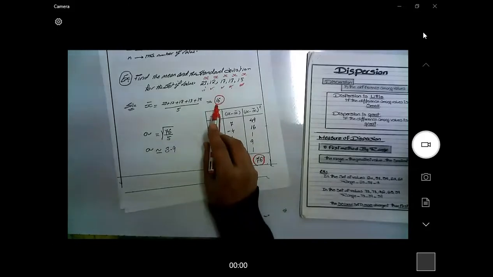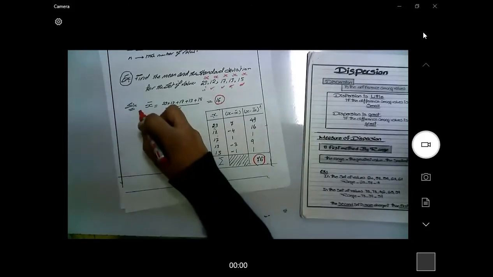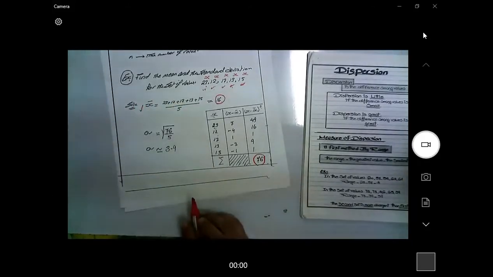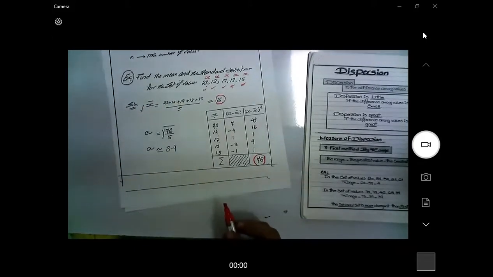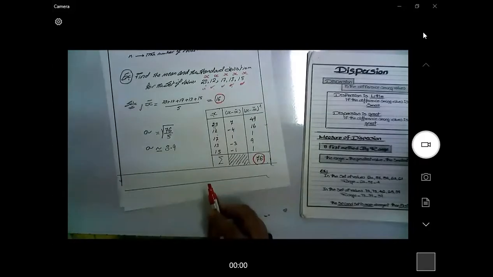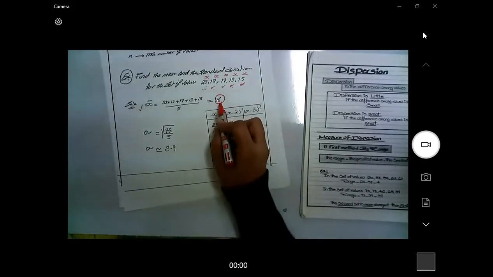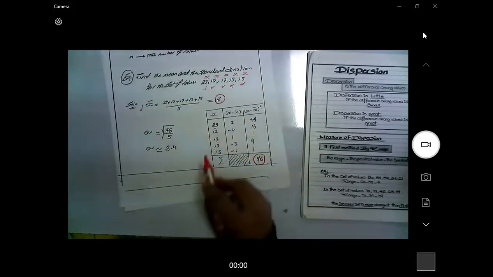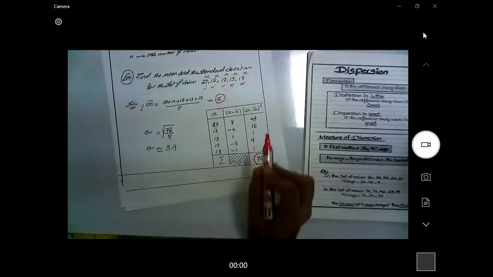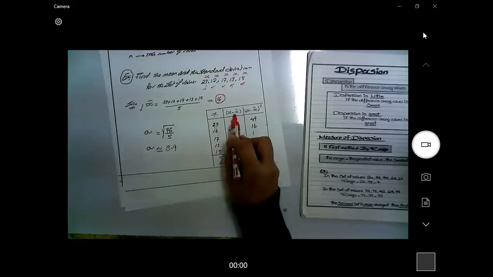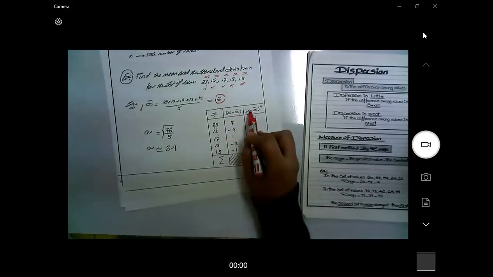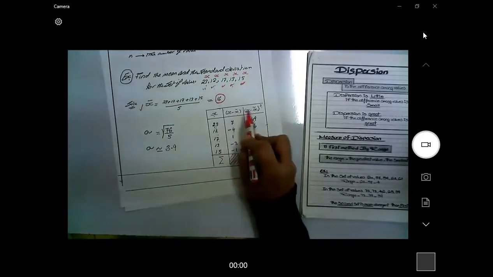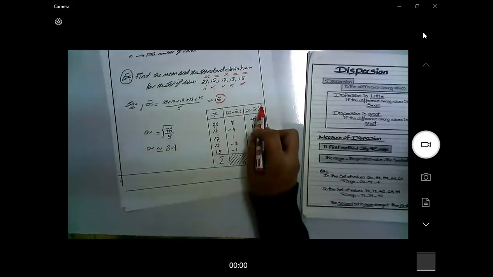Then the mean x dash is 16. This is the first step of getting the standard deviation. Then, after getting the mean x dash, we set the table: x, then x minus x dash, then x minus x dash squared.